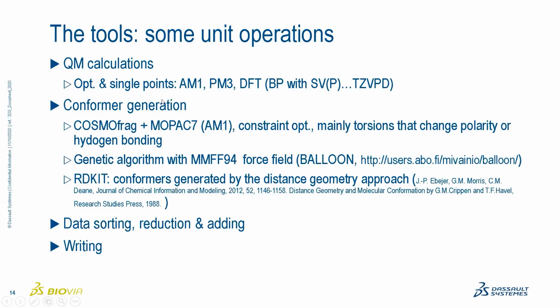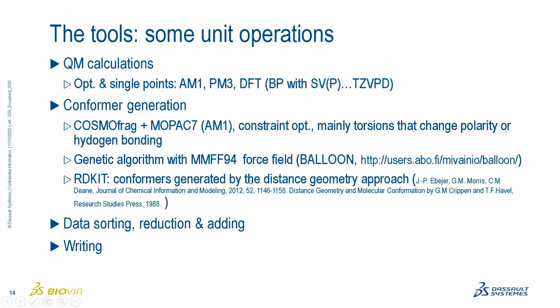We have conformer generators, so we have a conformer generator from RDKit. We have a conformer generator Balloon, and in our standard procedure we combine these two. And we also have a homebrew conformer generator that is mainly changing torsions that change the polarity of the hydrogen and hydrogen bonding. So that's made with COSMO-FRAC and with the MOPAC program.